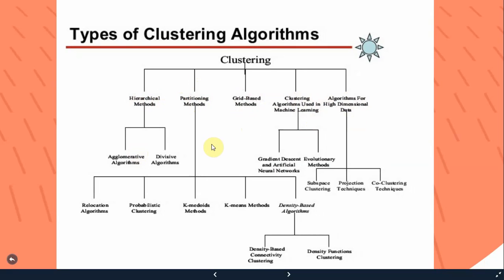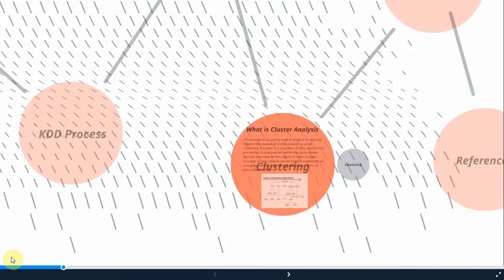Mainly we will discuss these three: hierarchical, partition and grid-based methods. Hierarchical methods are further divided into two types, agglomerative and divisive. Partition methods are divided into 5 categories, and similarly the grid-based method and so on. We will take up these algorithms in our next lecture.